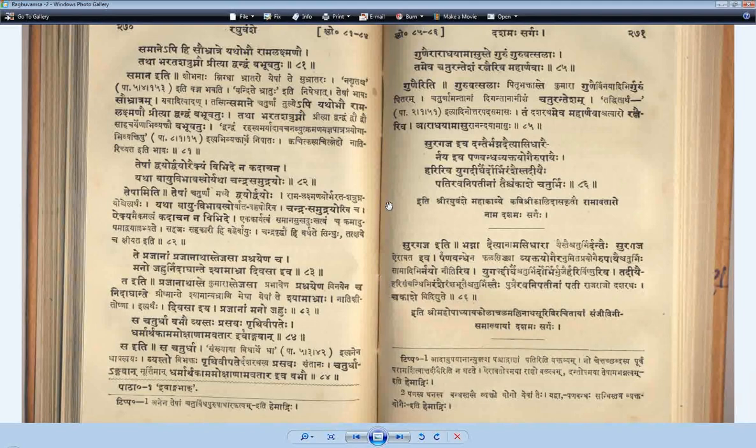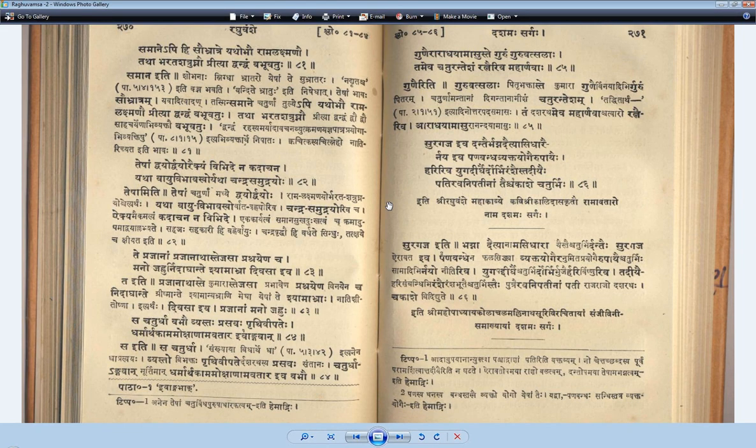Samane hi saubhratre yatho bhau rama lakshmanau tatha bharata shatrugnau pritya dvandvam babhuvatuhu. One last time, the same shloka.